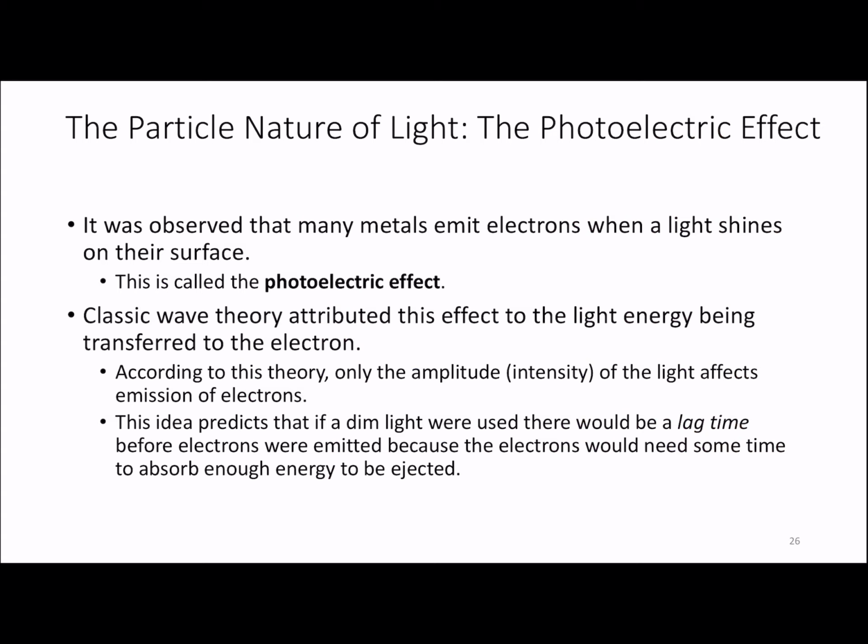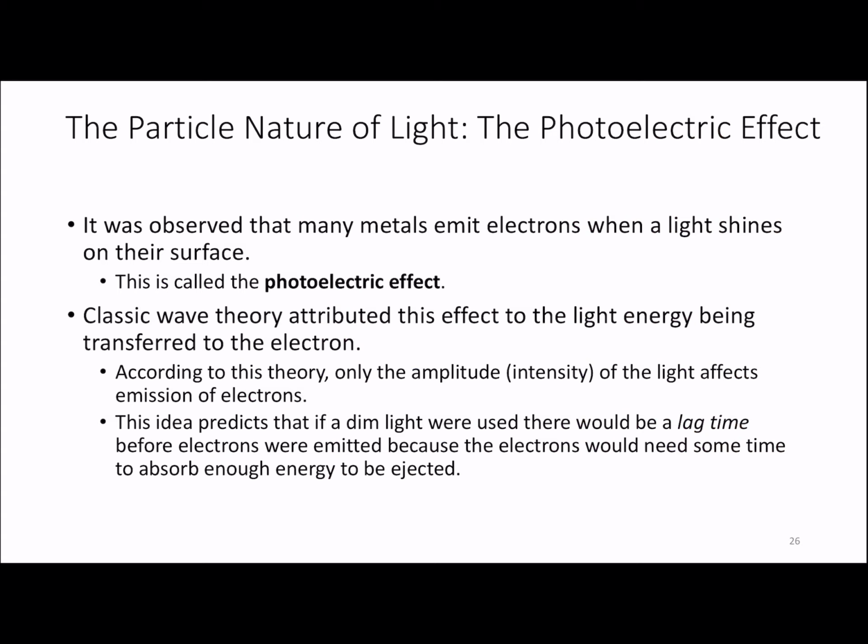So all of that explains light as a wave, but we can also explain light as having a particle-like nature as well. And this is really observed with the photoelectric effect. So what the photoelectric effect is, is that many metals will emit electrons when you shine light on their surface.